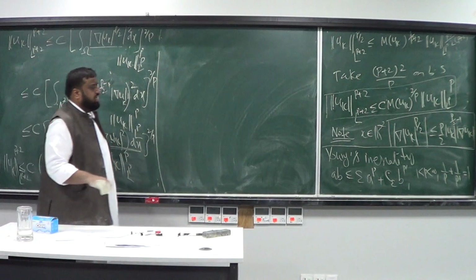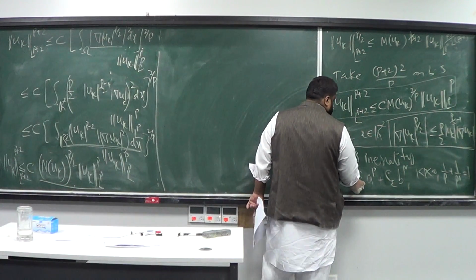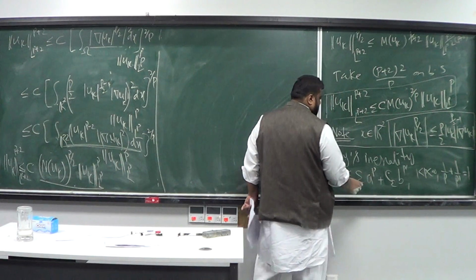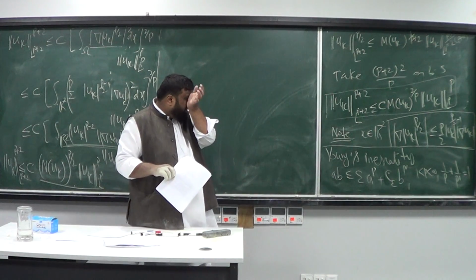And what version of Young's inequality? This version: ab is less than or equal to epsilon times a^p plus C_epsilon times b^p prime.